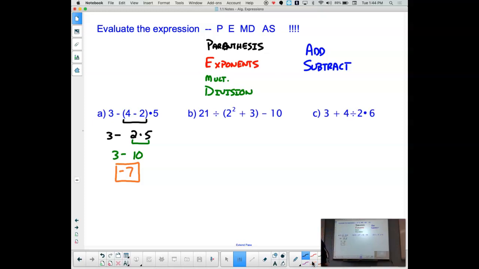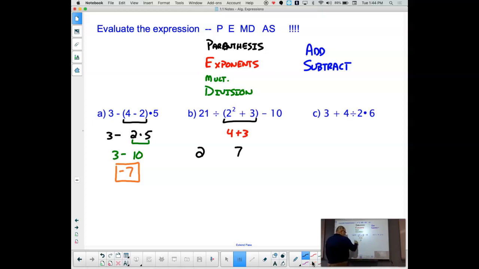Just remember too that you can pause the video at any point in time. Okay? So, parentheses are going to be first. Exponent within the parentheses, 2 to the second power is 4. So then this is 4 plus 3, which is 7.